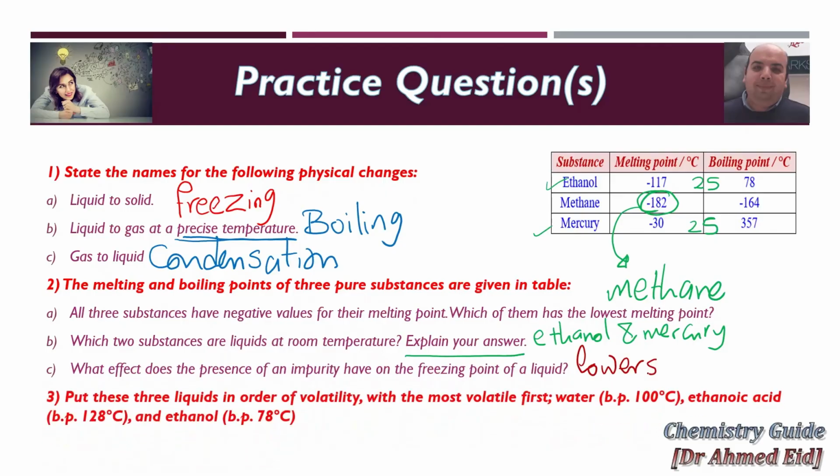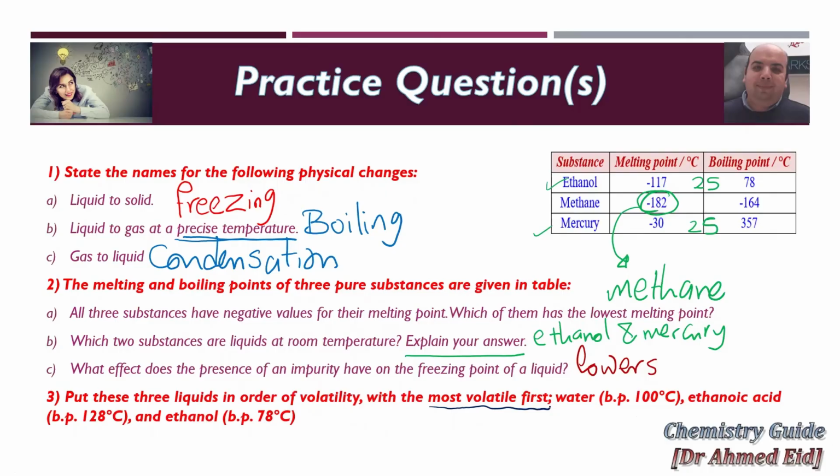Next question. Put these three liquids in order of volatility, with the most volatile first. Water, boiling point 100 degrees Celsius, ethanoic acid, boiling point 128, and ethanol, boiling point 78 degrees Celsius. He wants us to arrange these three liquids, most volatile first.